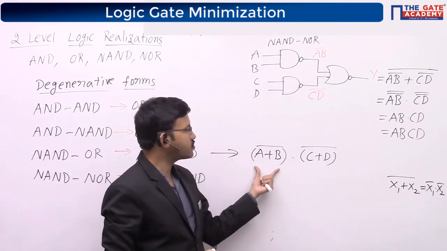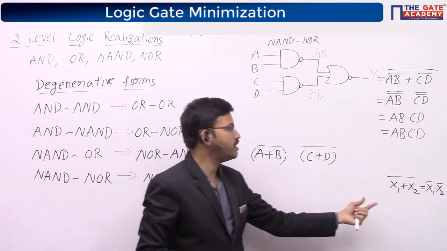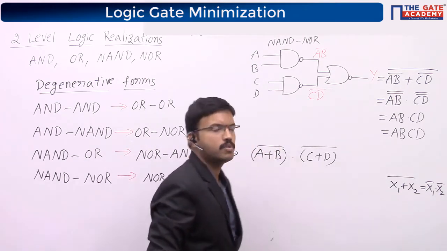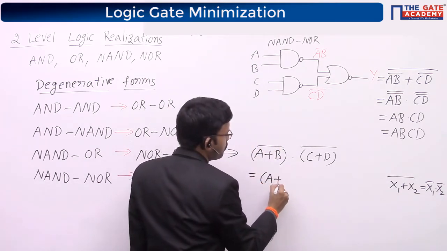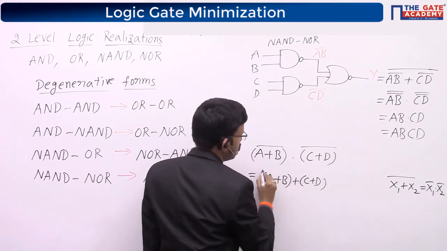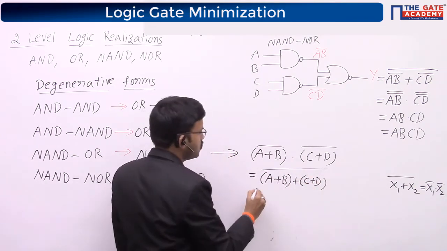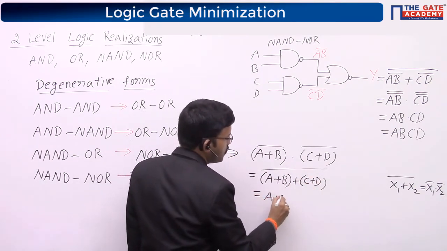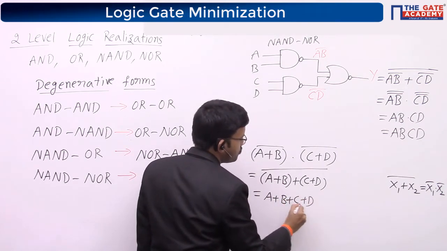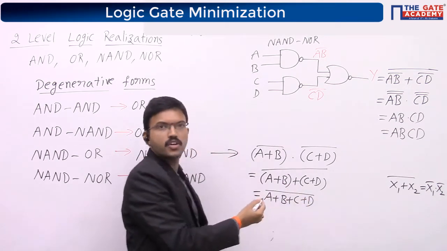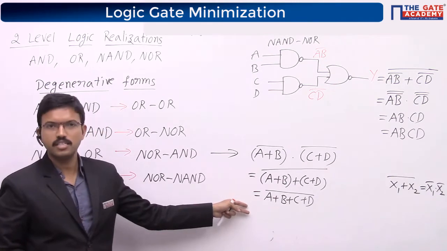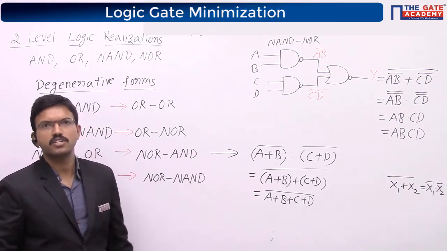Here I am having X1 bar and X2 bar, so I can write that as X1 plus X2 whole bar. So that means A plus B plus C plus D whole bar. That means by using a 4 input NOR gate, we can get this particular function. That means it is degenerative.